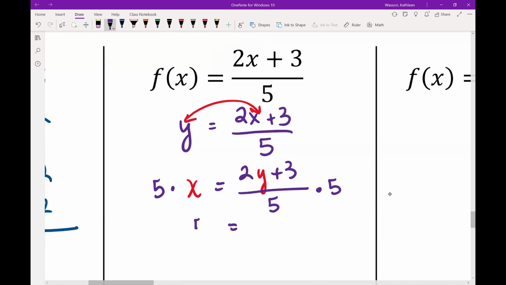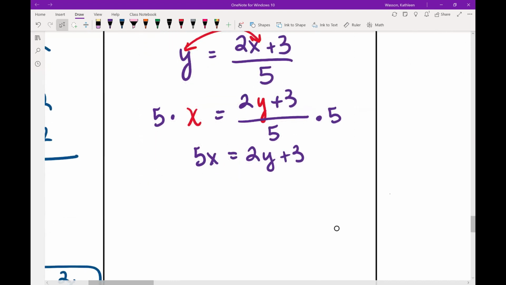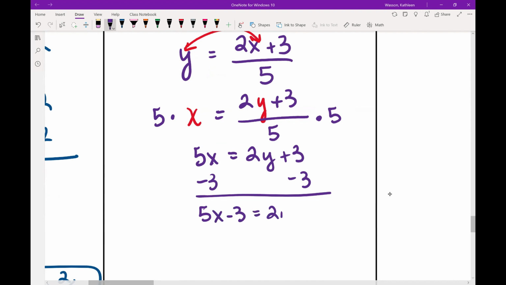What I'll have is 5x equals 2y plus 3. To continue solving for y, I subtract 3. Now I find that 5x minus 3 is equal to 2y.